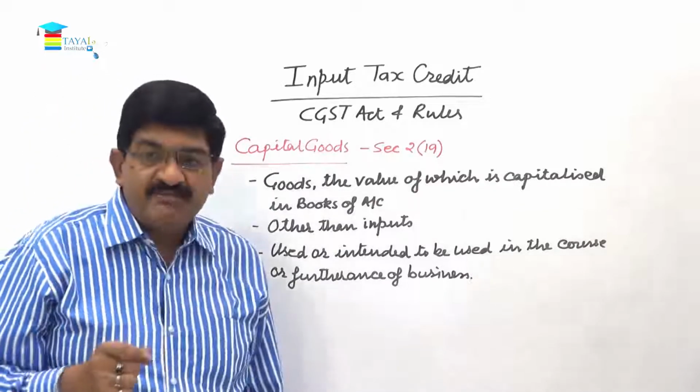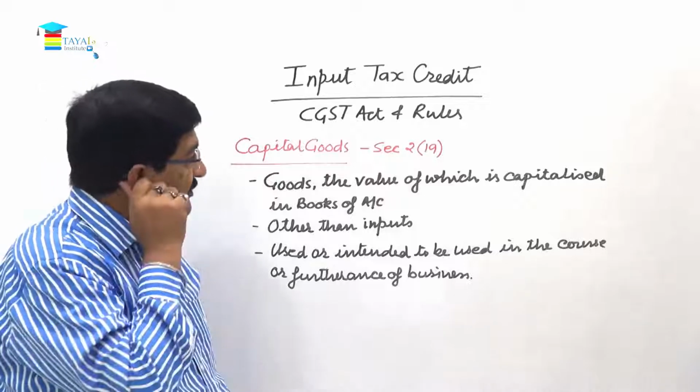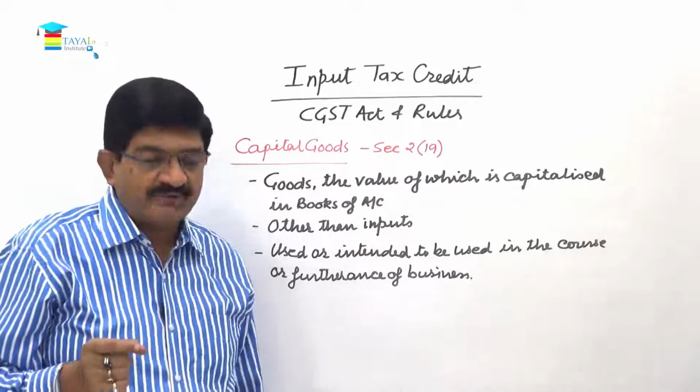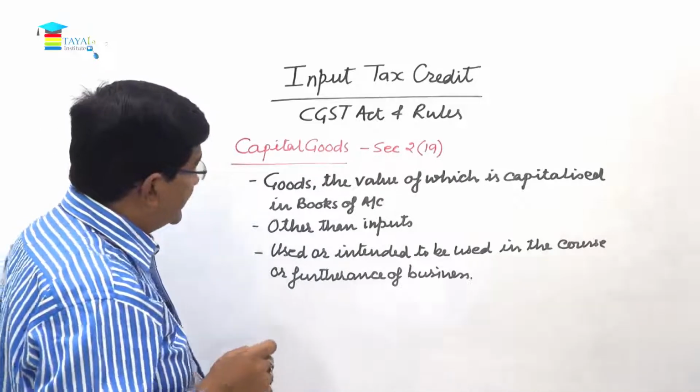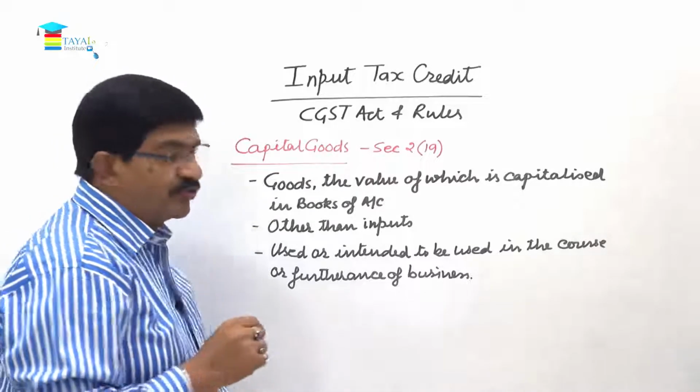So what is the meaning of the term capital goods? So first we said these are the goods for which the value is capitalized in the books of account, and number two, those are other than inputs and used or intended to be used either in the course or furtherance of business.